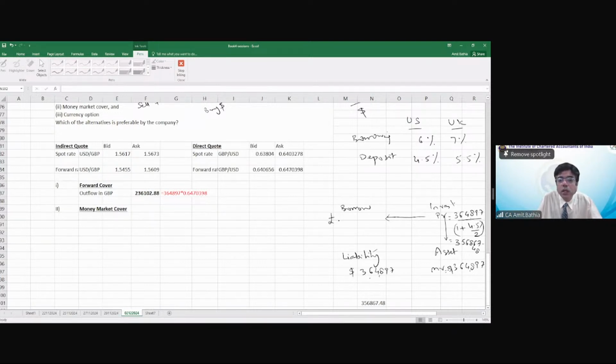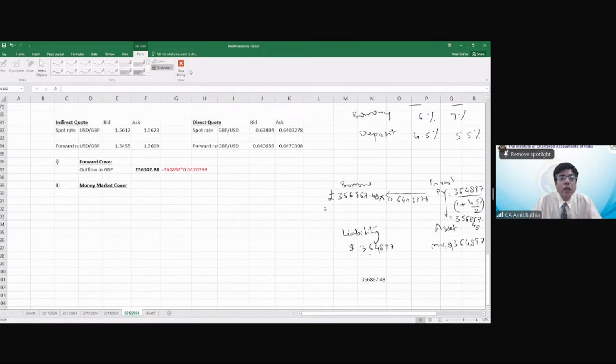So it is going to be 356,867.48 into 0.6403278. That is the amount of borrowing I'll have today in pounds. So that comes to 228,512, right?